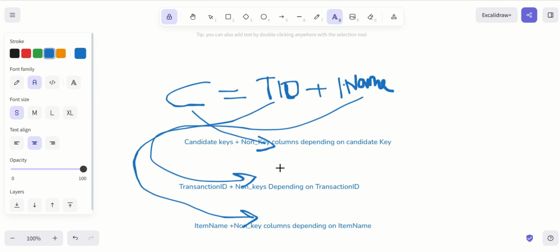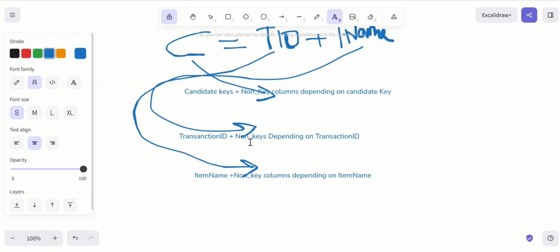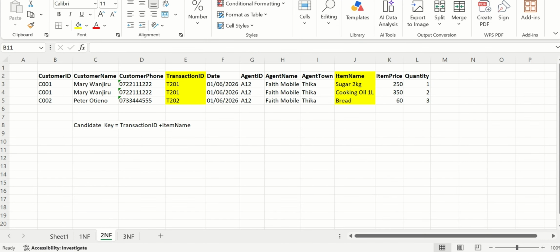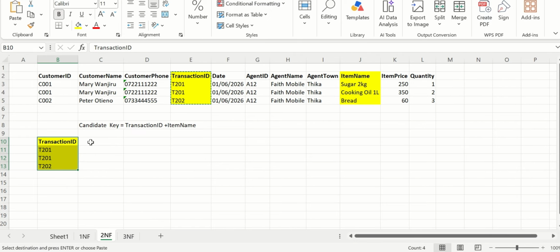From our explanation here, we've started with this one where we have transaction ID plus the non-key values depending on it. So let's have transaction ID here, plus the non-key values depending on this.